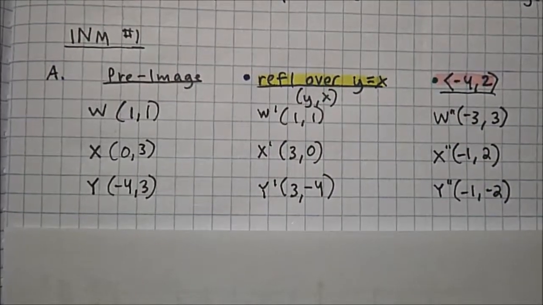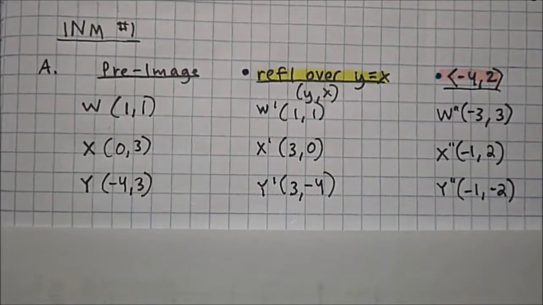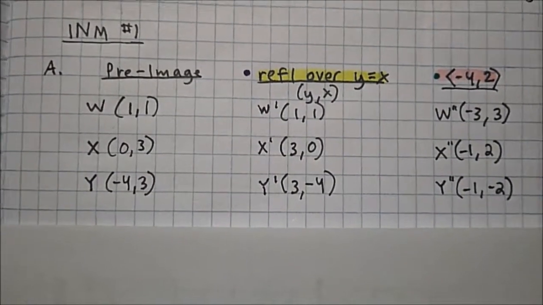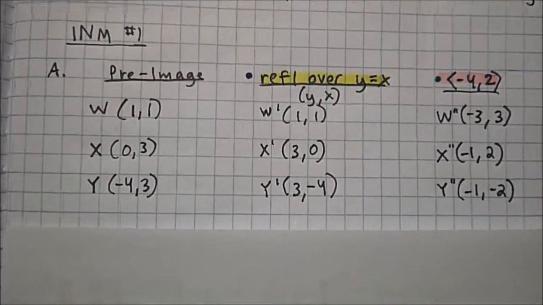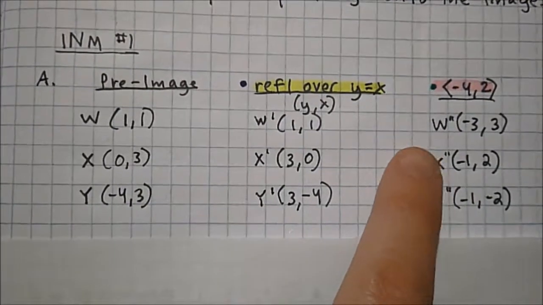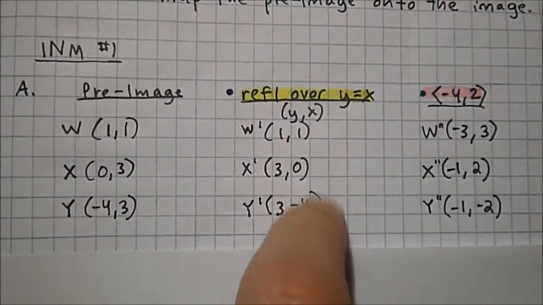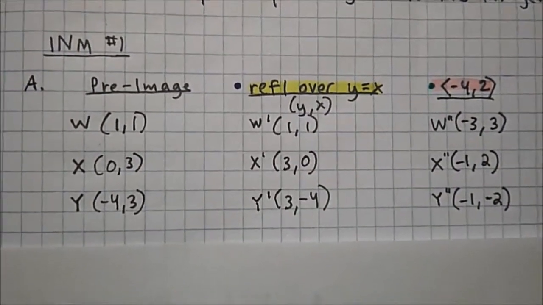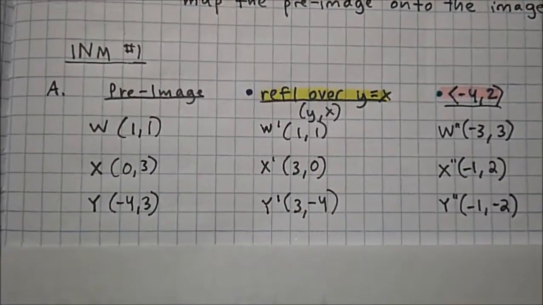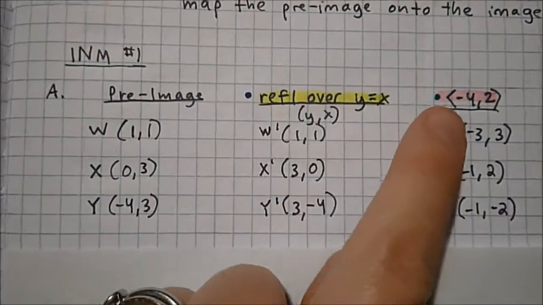As you can see here, I continued the next column of my table to create W double prime, X double prime, and Y double prime, which I got by just translating my W prime, X prime, Y prime by this vector. You will notice that I've highlighted this in yellow and this in pink.